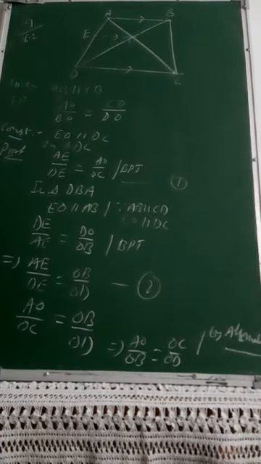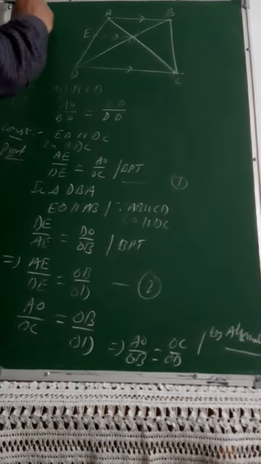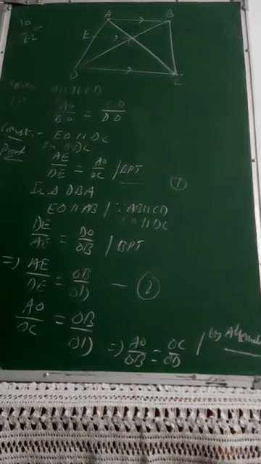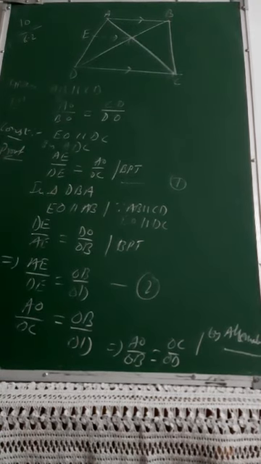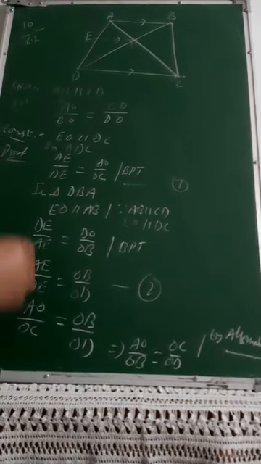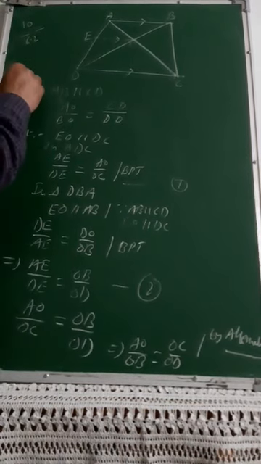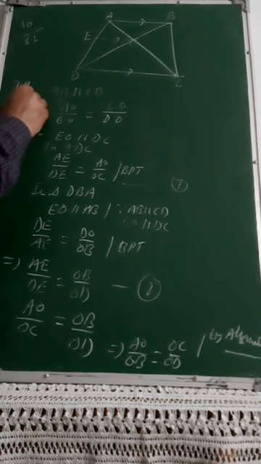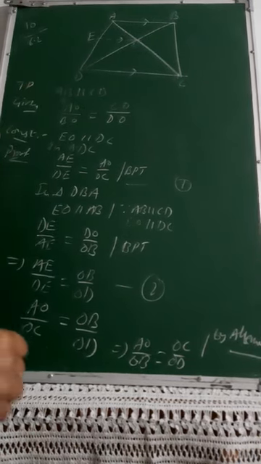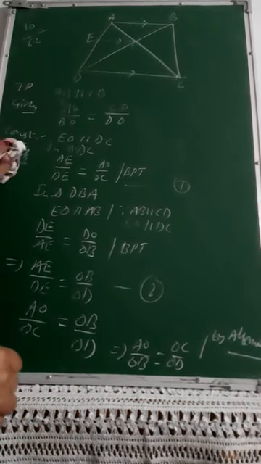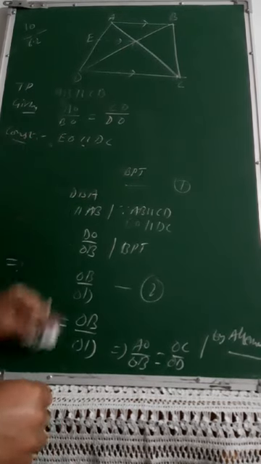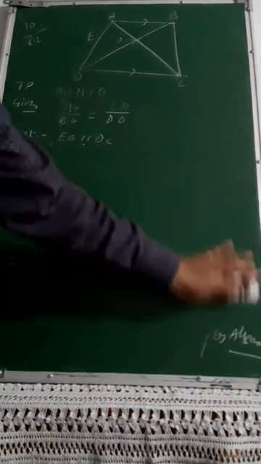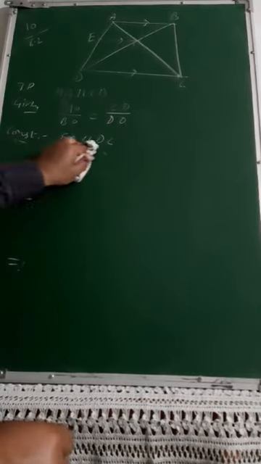Now you go for your question number 10 and you see that it is exactly the converse of question number 9. So what I need to prove there is this, and this is now given to me. So again I need to go for the same construction, and then in my proof, now you need to prove AB is parallel to CD.